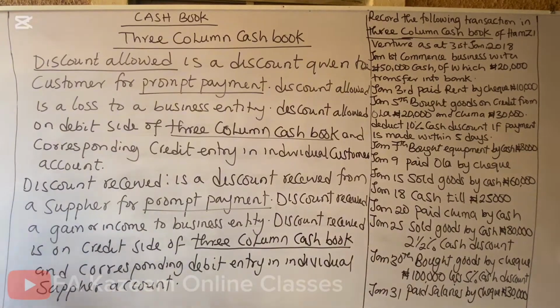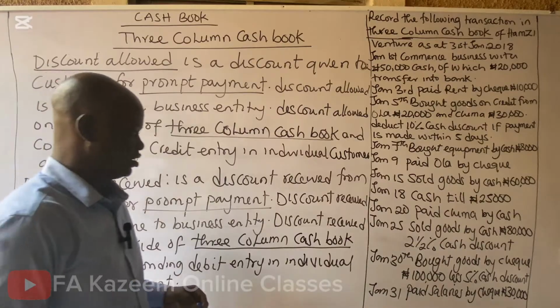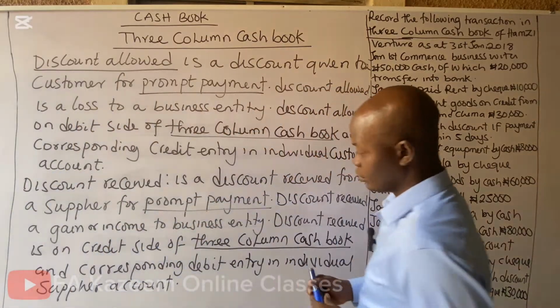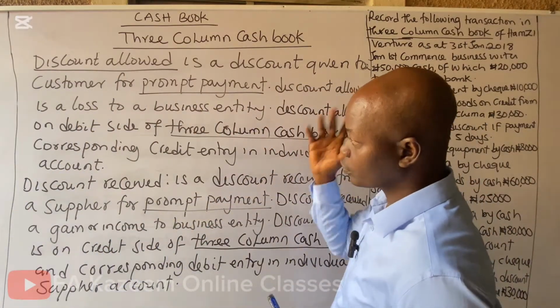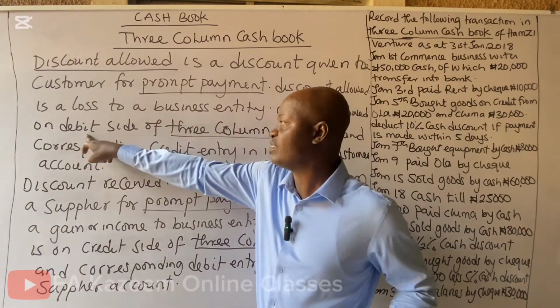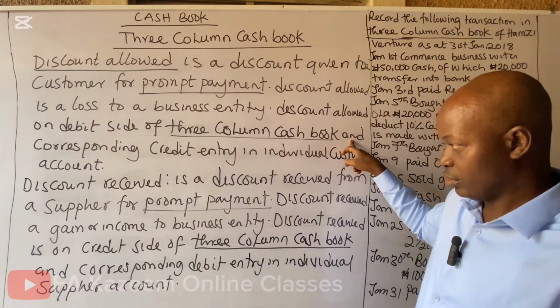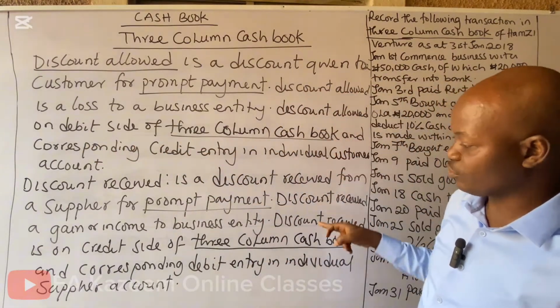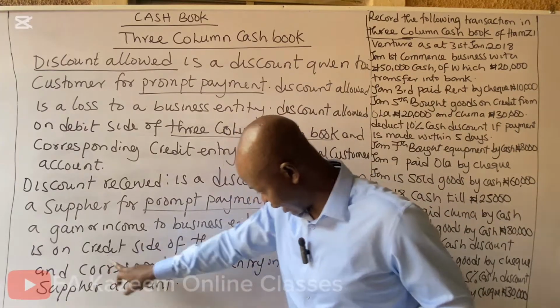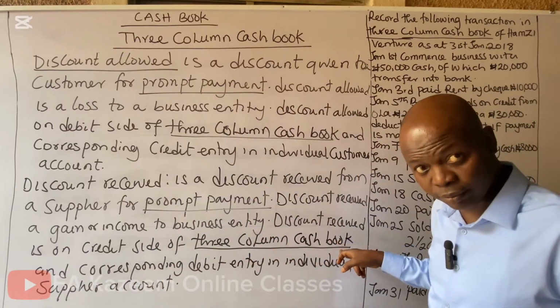Now this is discount allowed. Discount allowed is always on the debit side of three-column cash book, while discount received is always on the credit side of three-column cash book.